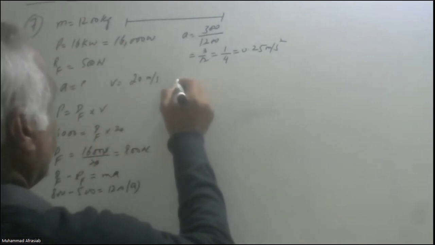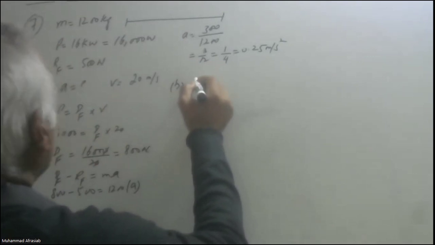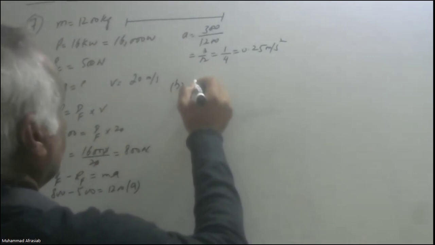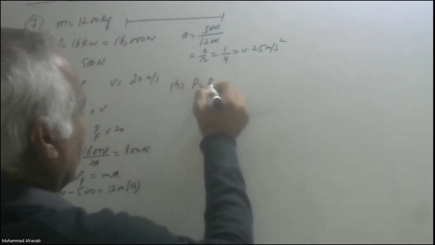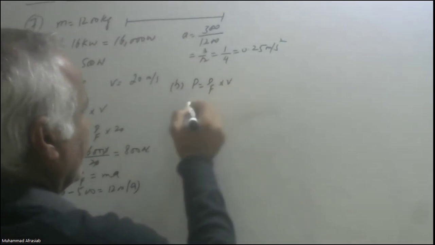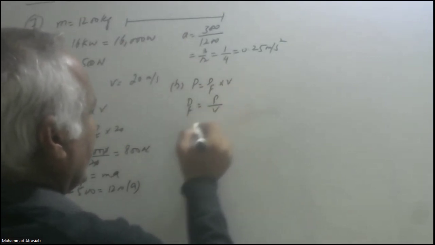So driving force for that portion will be equal to, as power is equal to driving force times velocity, power over velocity.